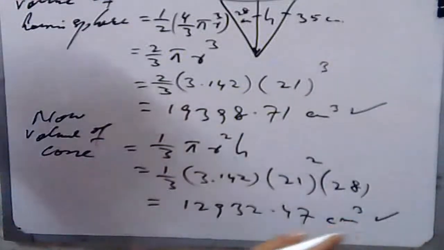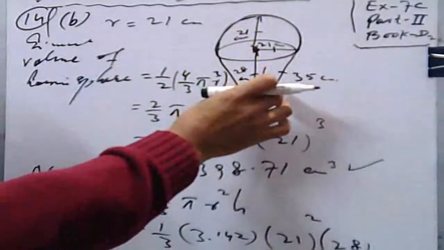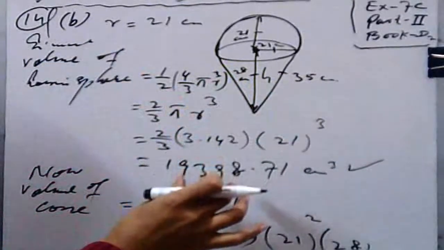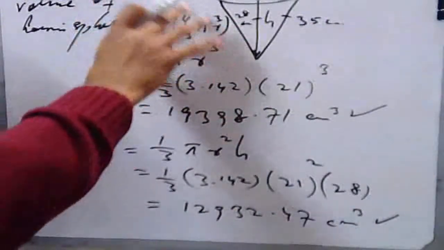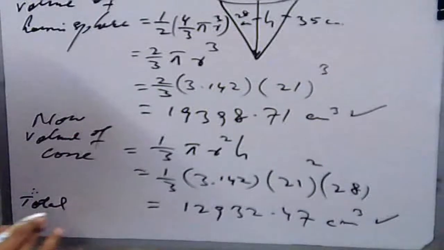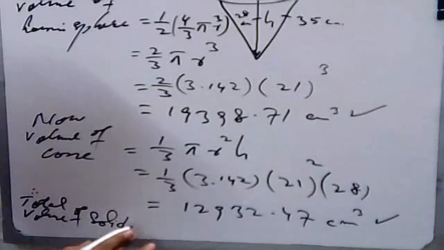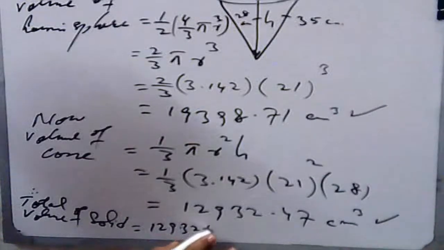So total volume of the given solid, we have to just add both the values, that is 12932.47 plus the 19,398.71, so the total result is 32,331 centimeter cube.